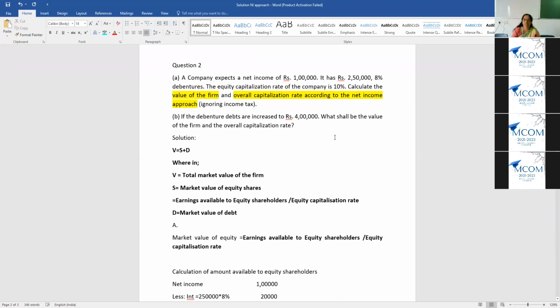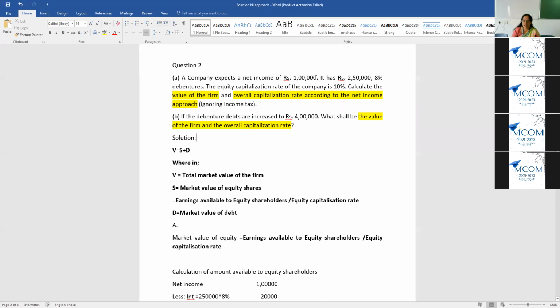The second part of the question says that, others remaining constant, only debentures are increased from 2,50,000 to 4 lakh with the same cost of debt. What would be the value of the firm and the overall capitalization rate?